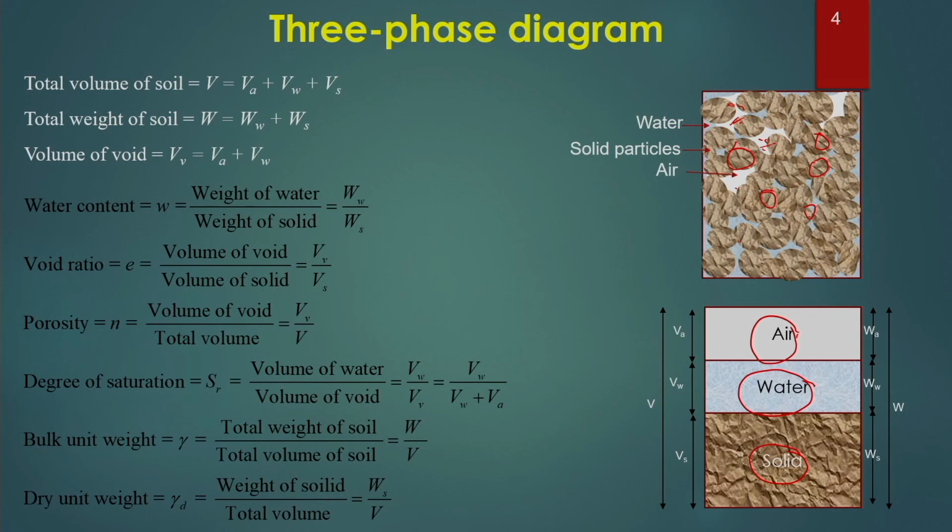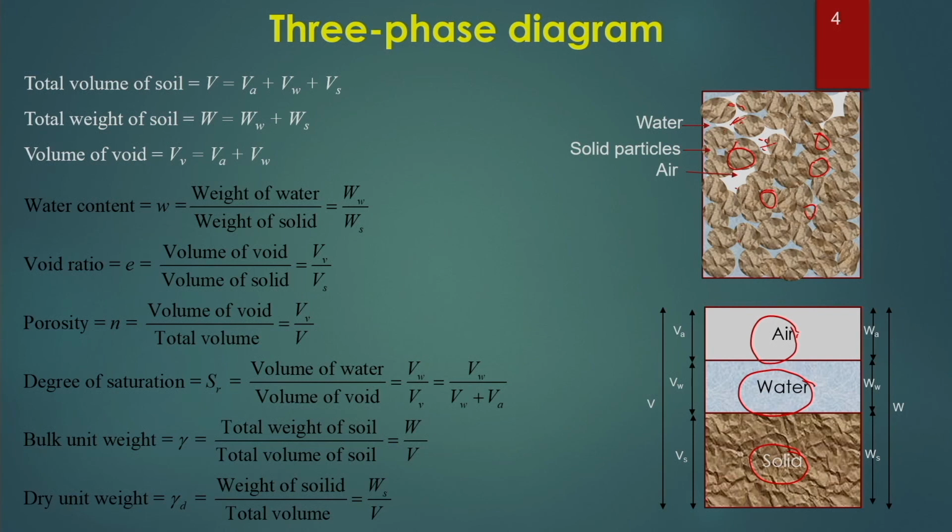If the soil is fully saturated, in that case the air part will not be there, or the air will be replaced by water. So, only water and solid parts will be there. So, for a fully saturated soil, it will be a two phase diagram.